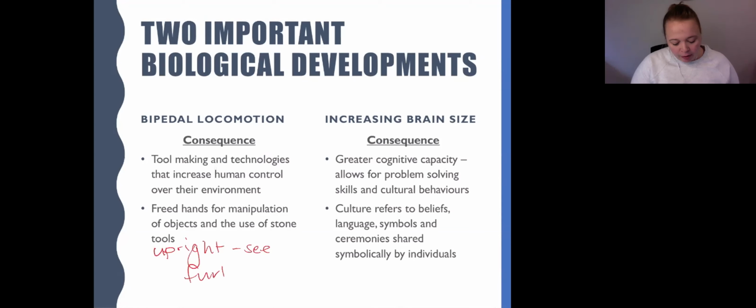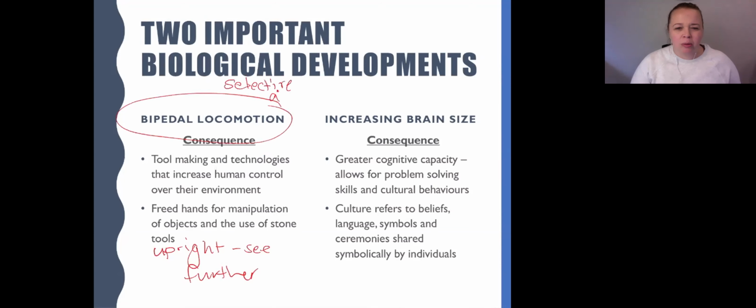If you're on an African plain and you are standing upright, your head is literally about a meter higher, and the higher you get, the further you can see. So you can hunt better, and you can spot predators and run away from them earlier, so you're less likely to die. All of these things mean that bipedal locomotion gave humans a selective advantage.